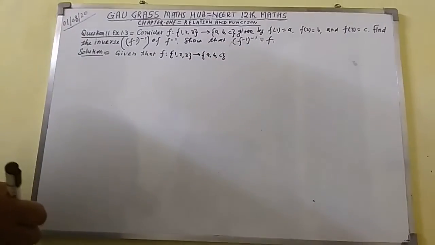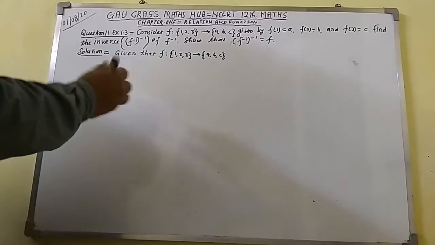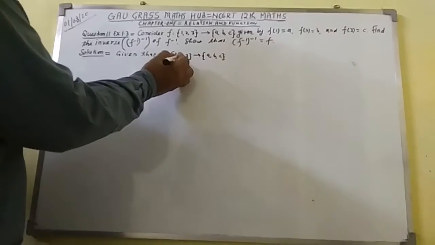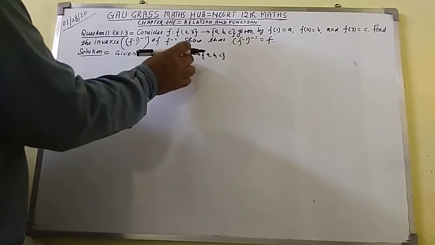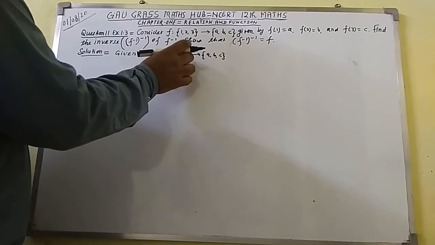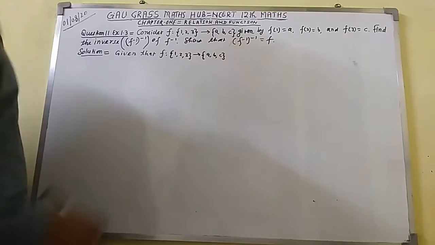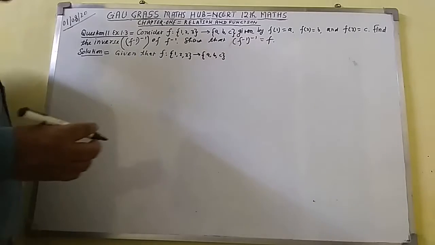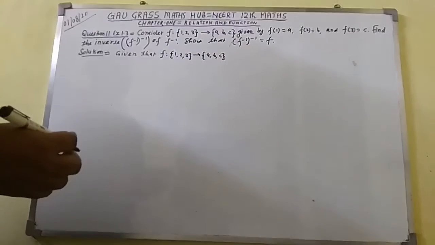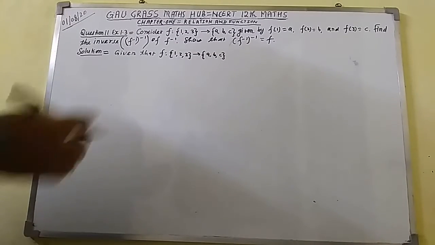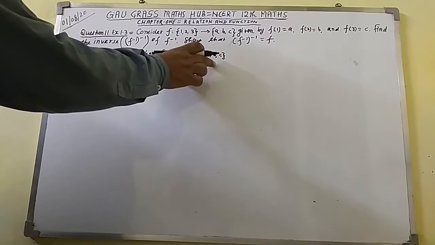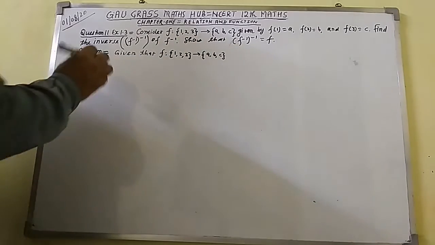What will we do in this case? Here you can see f is a function from set A to set B. So here I am going to make a graph of this representation.